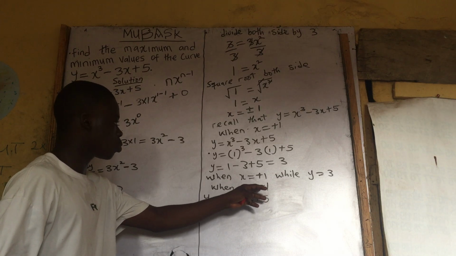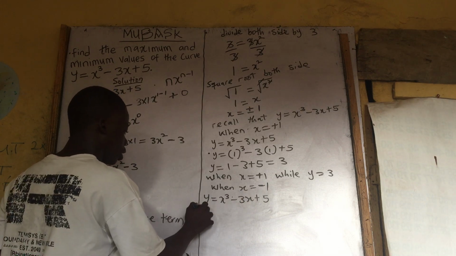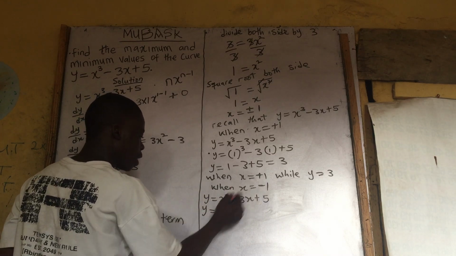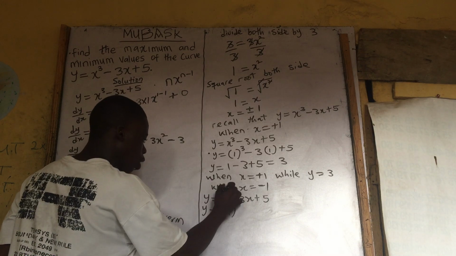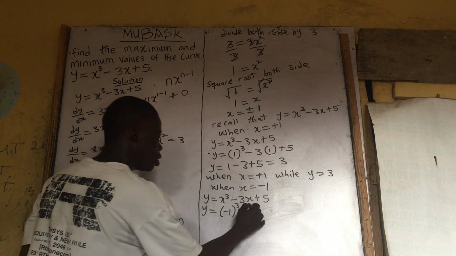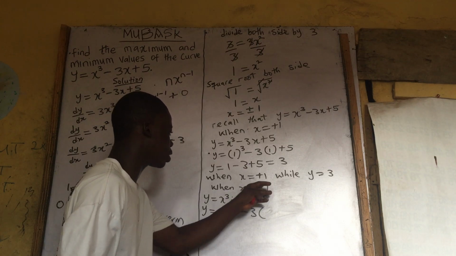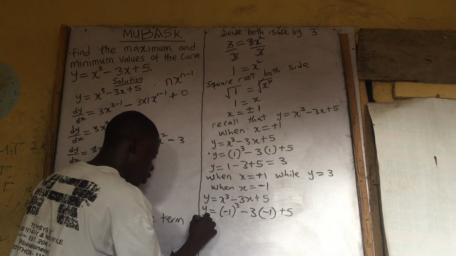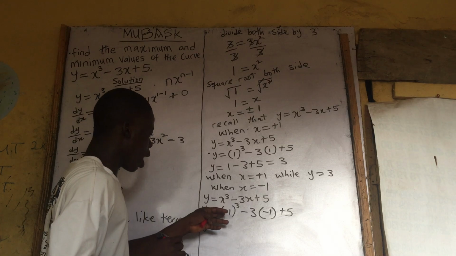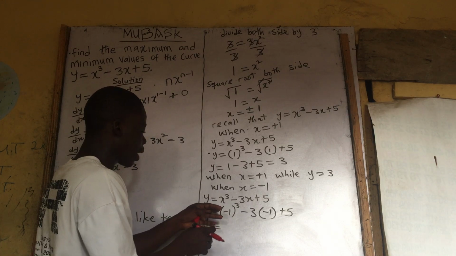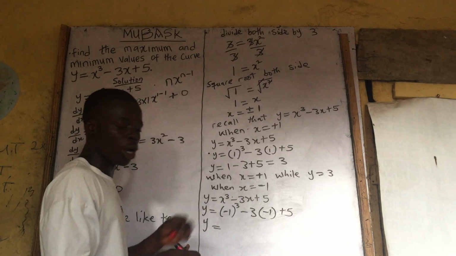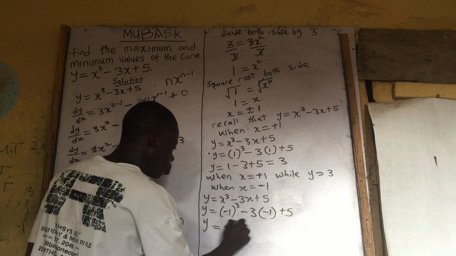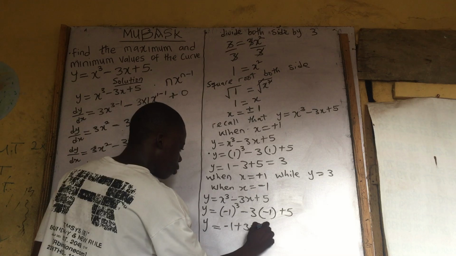When x equals minus 1, let us substitute again. Y equals (minus 1) cubed minus 3 times (minus 1) plus 5. That is the same as y equals minus 1, since minus times minus gives plus 3, plus 5.